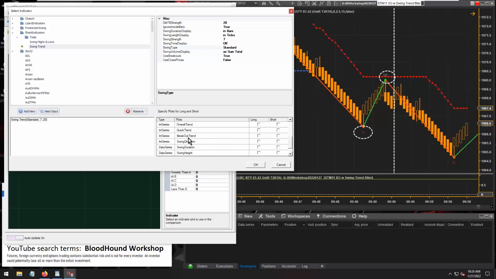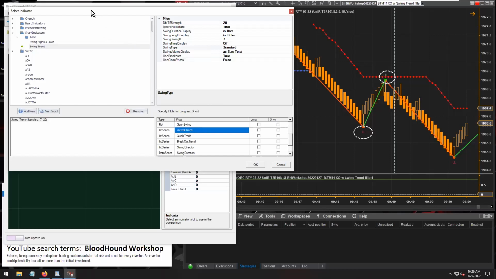Let's see, I'm just scanning through some of these other outputs. You can also see here there's the overall trend listed, the quick trend listed, and the breakout trend. Those trend outputs are basically int series.